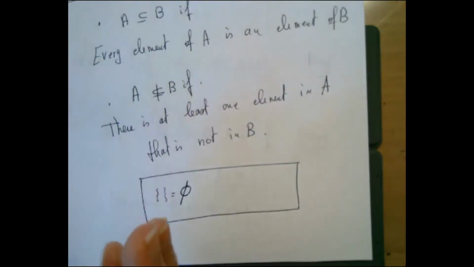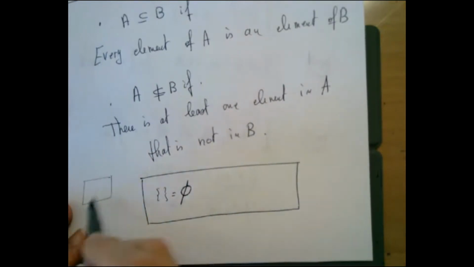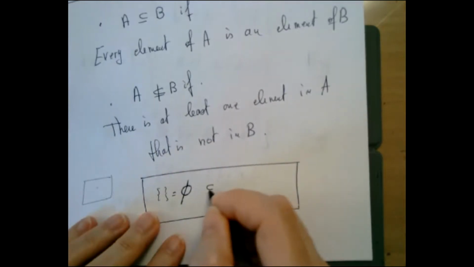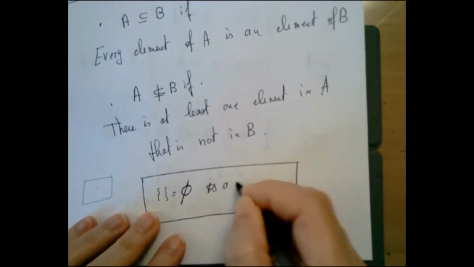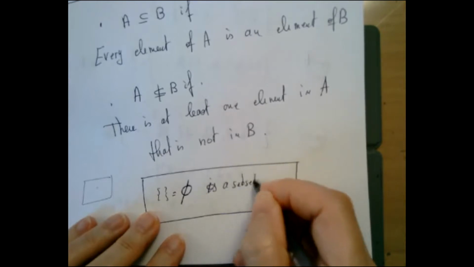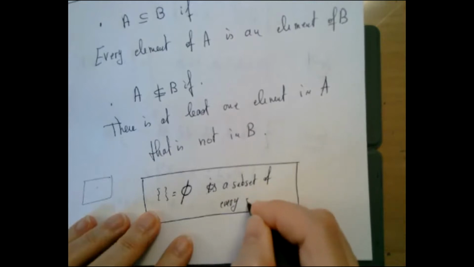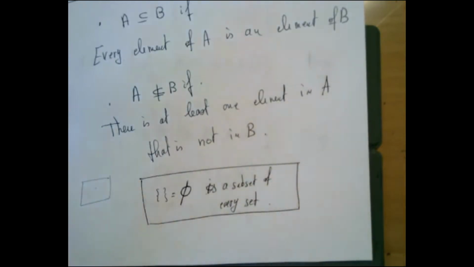It's a set, but there is nothing in it. It's like an empty box. There is a container, but this container is empty. The empty set is a subset of every set.